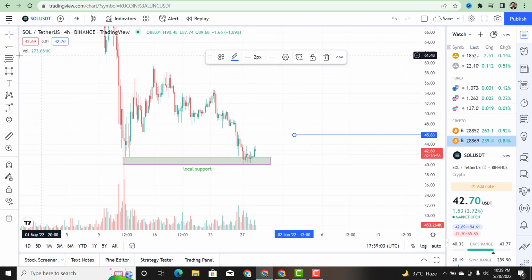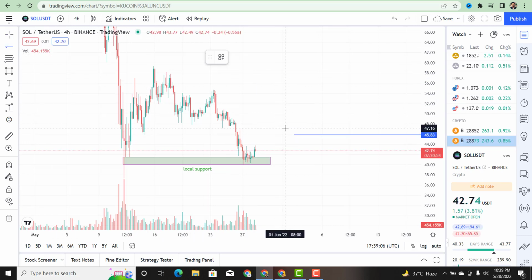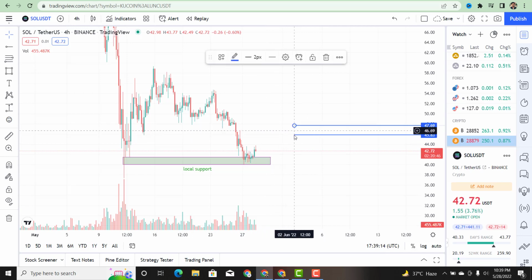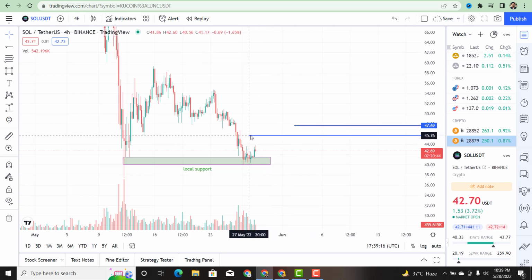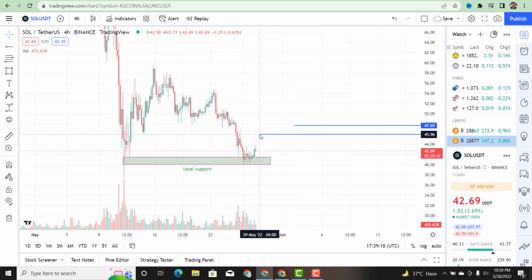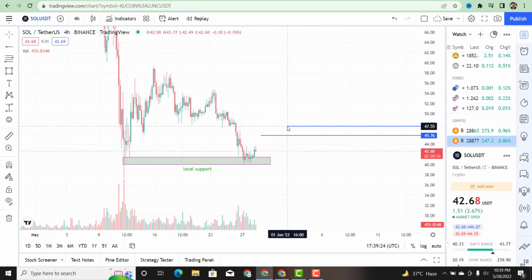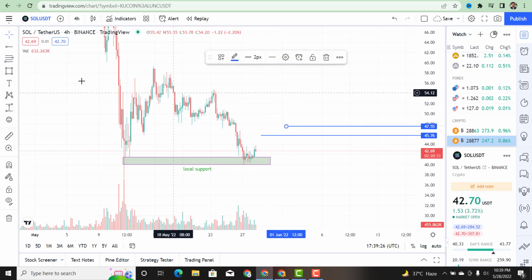That's your target 1. Now this one, your target 2. Or I should do something like make this one closer, because target 1 has a higher chance of being hit. So this is your target 2.